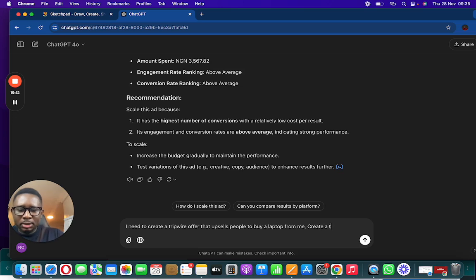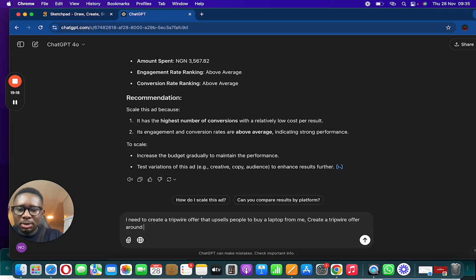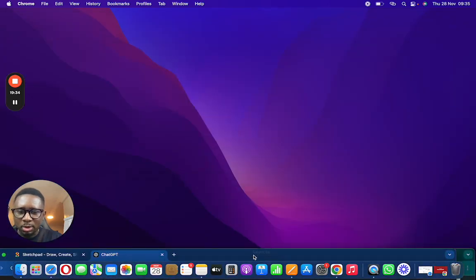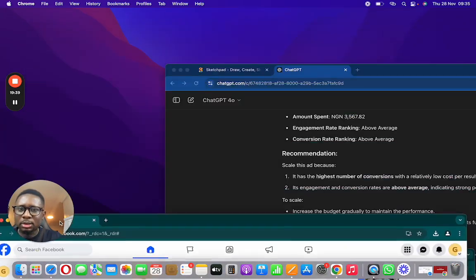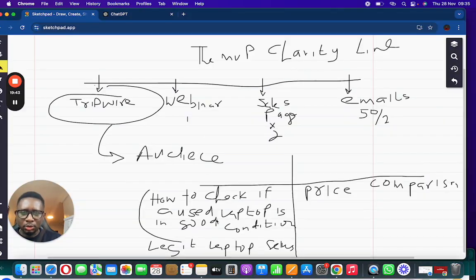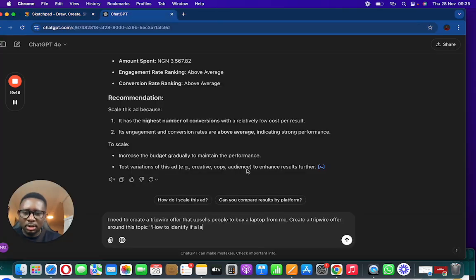Create a tripwire offer around this topic. Let's be very specific on what we are working on here. Okay, this is not it. Okay, how to check if a laptop is in good condition. How to identify if a laptop is in good condition.